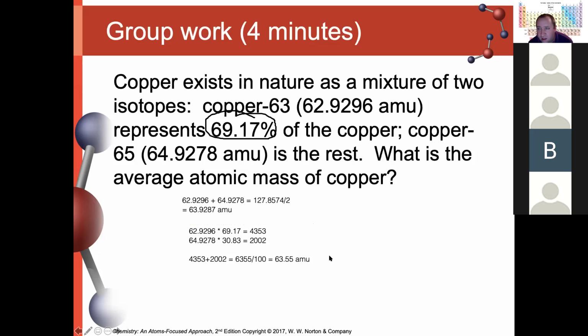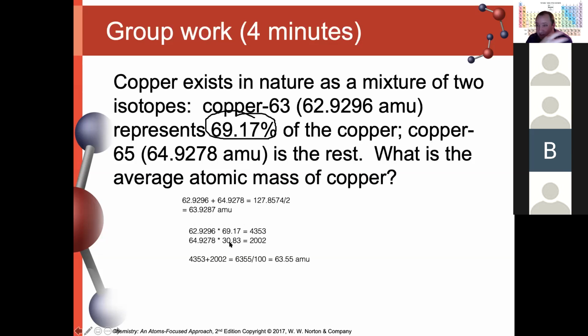So again, the reason why I do it this way, why I divide by 100 at the end, is because especially when we get into smaller numbers, when we have 3% or 1% or less than 1%, the conversion of percent to fraction is not always super transparent and easy to see. And it's very easy to make those mental mistakes where you say, okay, 1% is 0.1 instead of 0.01.